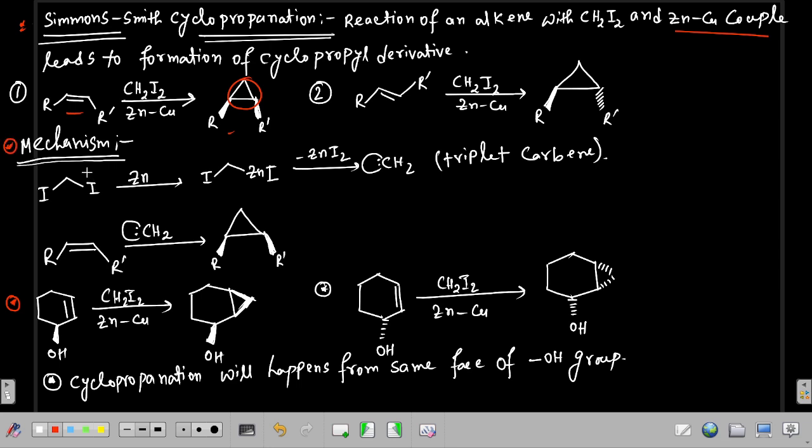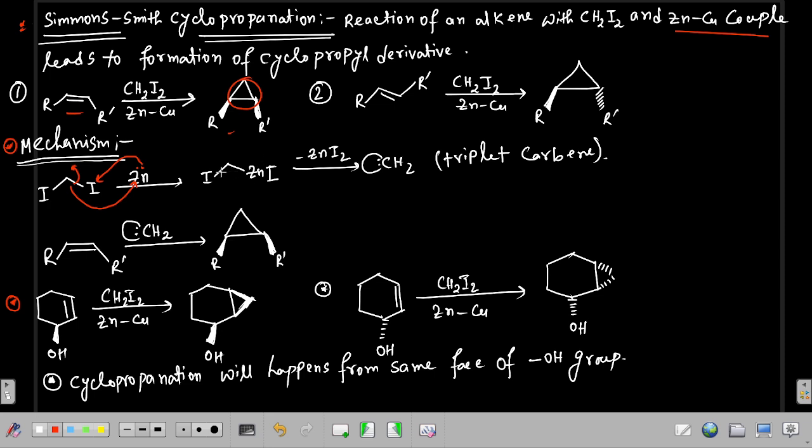This is diiodomethane. In the presence of zinc, zinc has a lone pair in its orbital, so it will attack this iodine, and then this bond will break and it will attack this zinc, so it will form iodine CH2 ZnI.